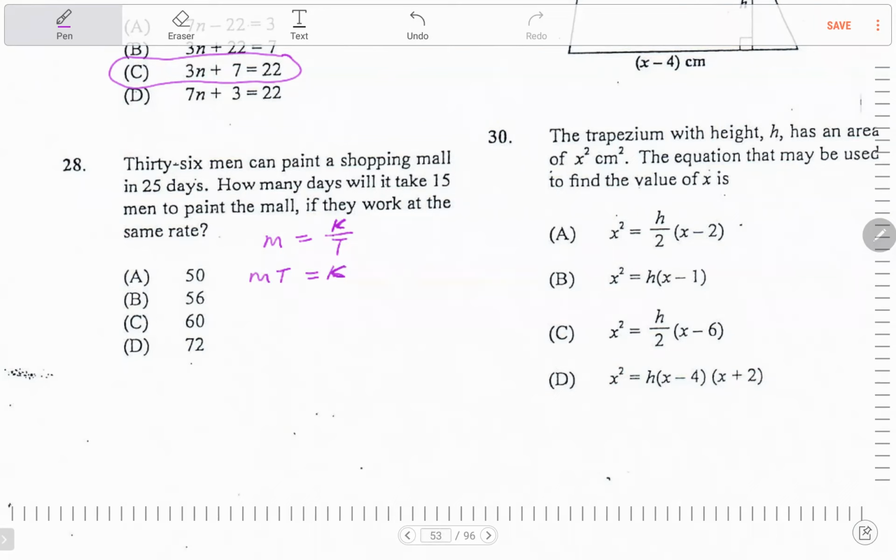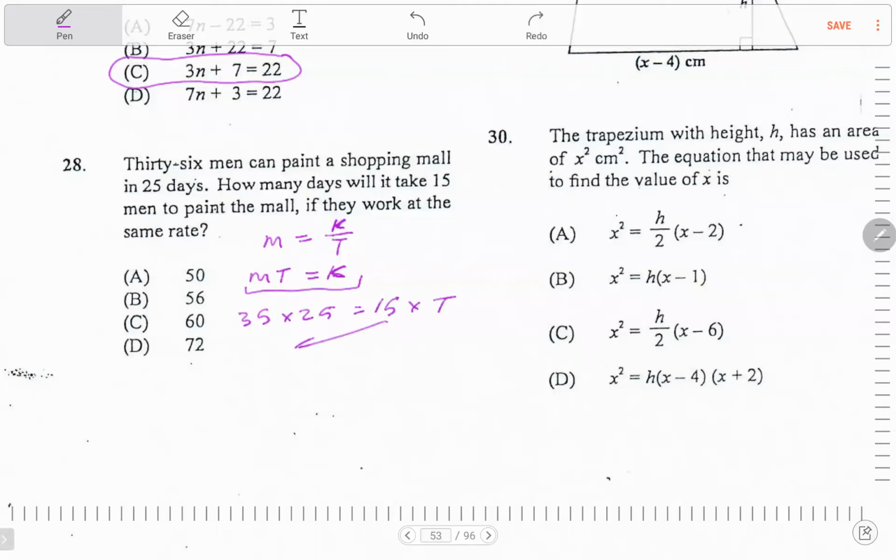All right. Because the product of the men and the time will always be constant, we can set it up and say the 30 times the 25 days will be equal to the 15 men times the time they will take. That's it. So to find the time, we just divide by the 15 over here.